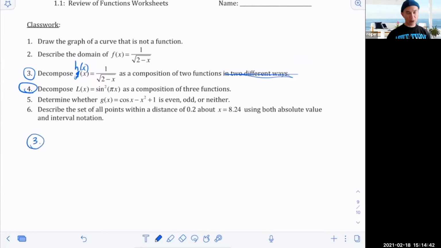Remember earlier I talked about radical notation versus exponential notation. When I see this function h of x, my first instinct is to write this as 2 minus x to the negative 1/2. Does that make sense to everybody that I write it like that?